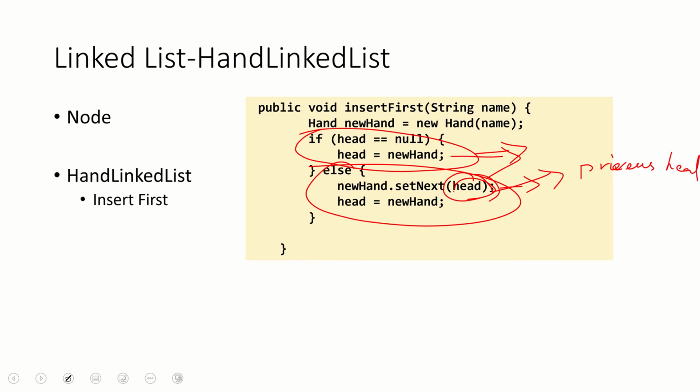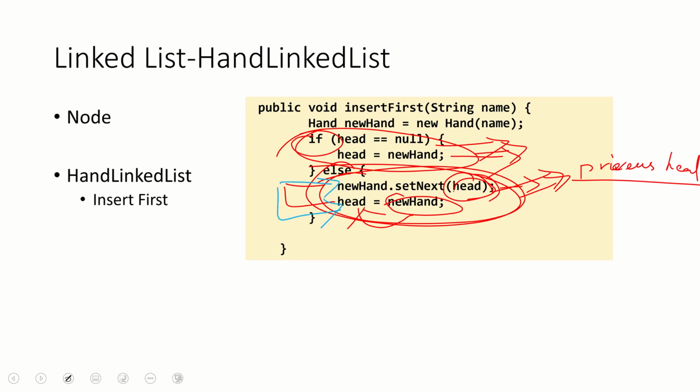Okay, think about these things. That's the previous head, right? Because the idea is, if there's no head, we go to the else statement, which means there is something in the head, right? So once we point to the previous head, then we can make the new head. Okay, so let's think about this.